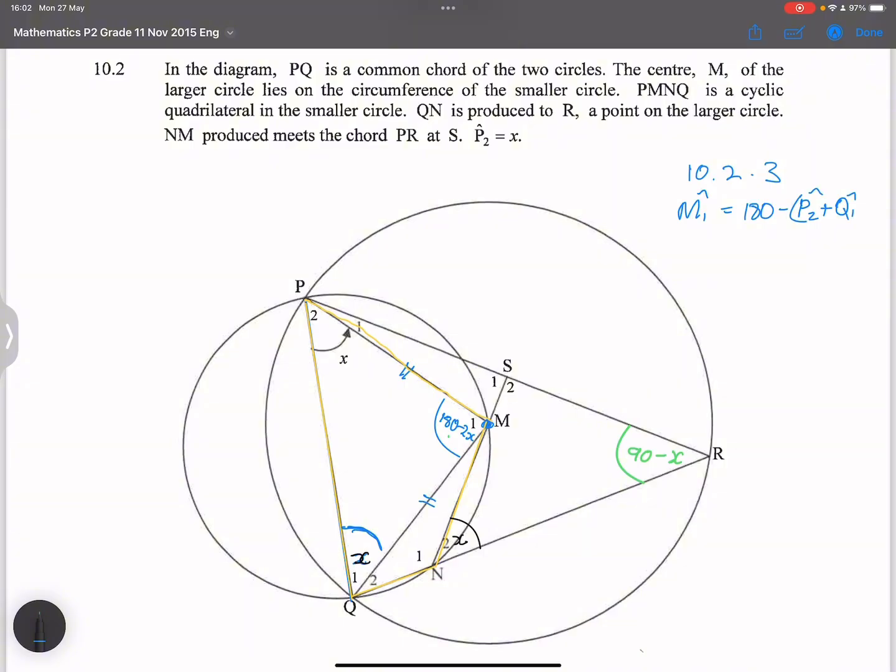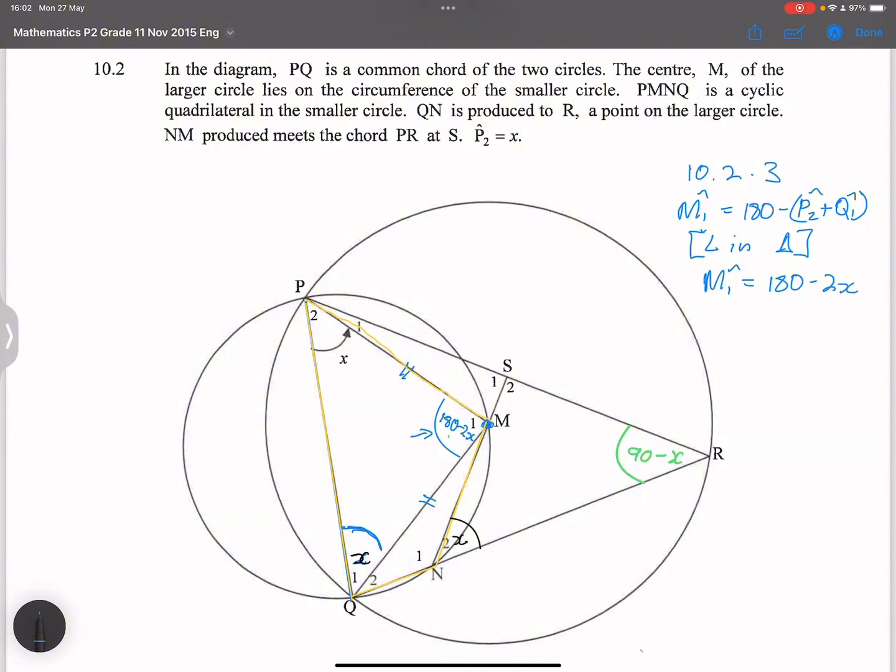And why is that? These are angles in a triangle, sum of interior angles on a triangle. So that means that M1 would be equal to 180 minus 2x. So it is that angle there.